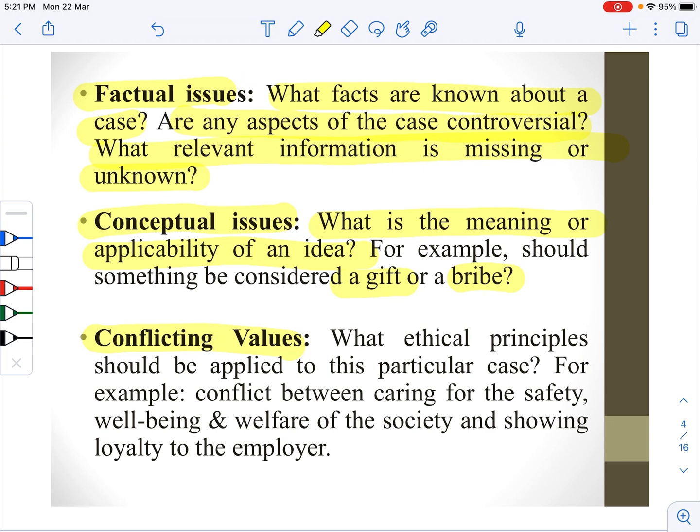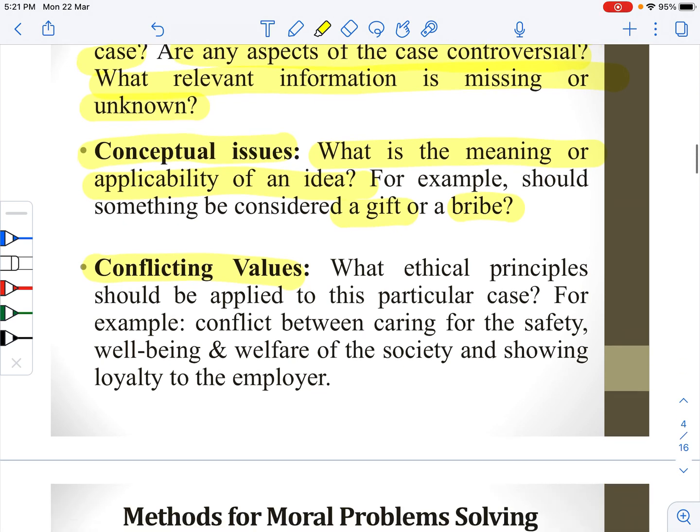And number three is the conflicting values. What ethical principle should be applied to this particular case? For example, conflict between caring for the society, the well-being and welfare of the society, and showing loyalty to the employer. Some issues inside the case study may be conflicting, meaning it may cover a few issues in one problem.